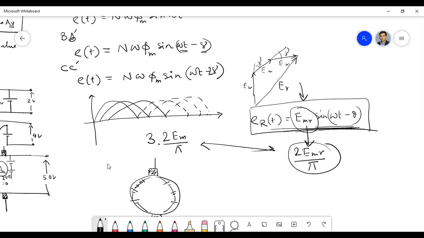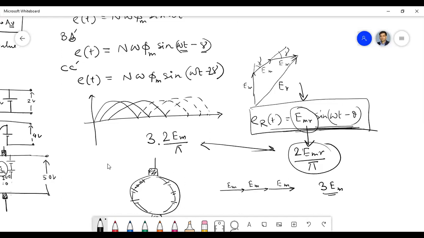Suppose I have 3 vectors and all 3 are in the same phase, and suppose each contribution is EM. What will I have? I will have 3 EM, isn't it? But if they are not in the same phase, then I will never get 3 EM; I will always get less than that.